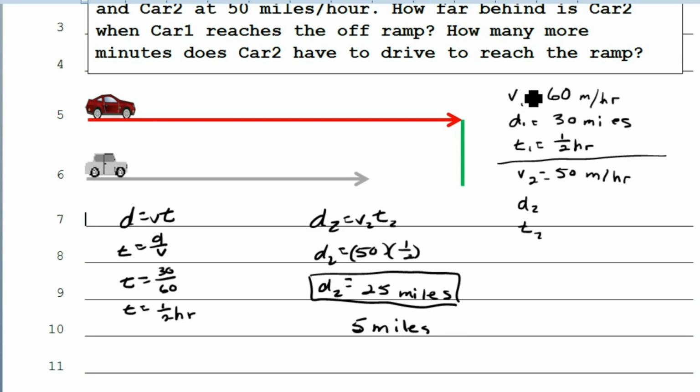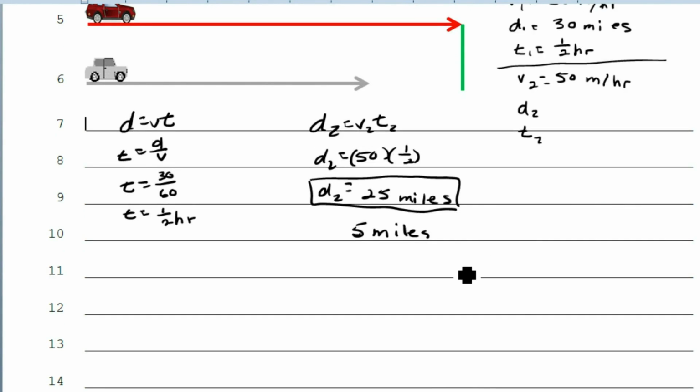And how many more minutes does car 2 have to drive to reach the ramp? Car 2 has to cover 30 miles, just the same as car 1 did. And it's going 50 miles an hour.